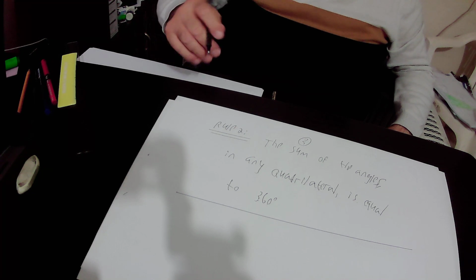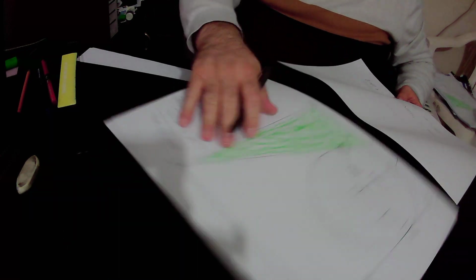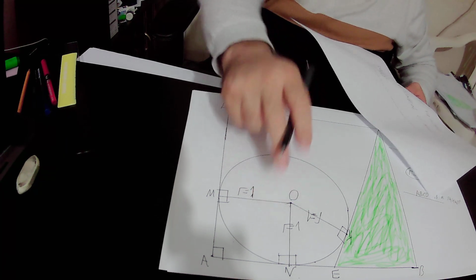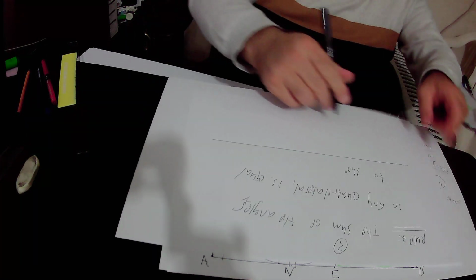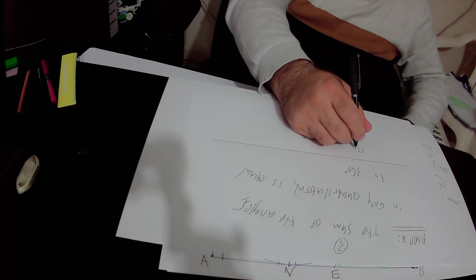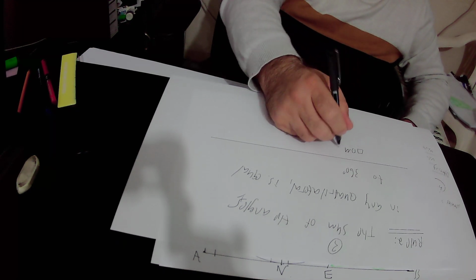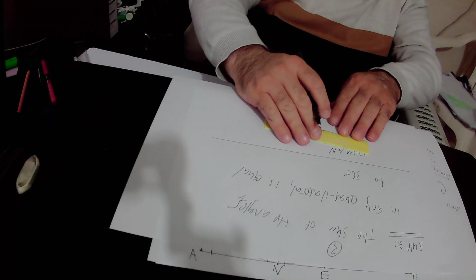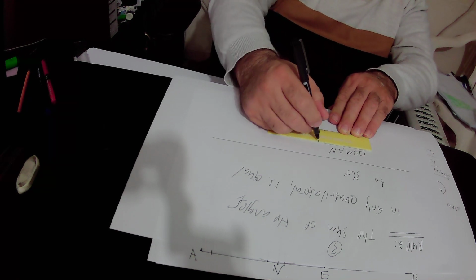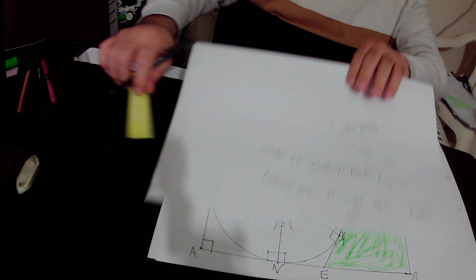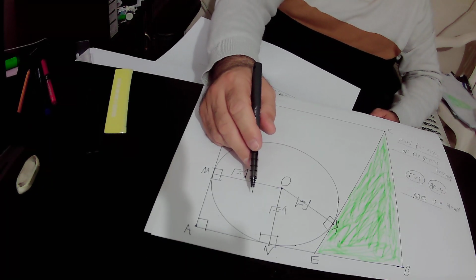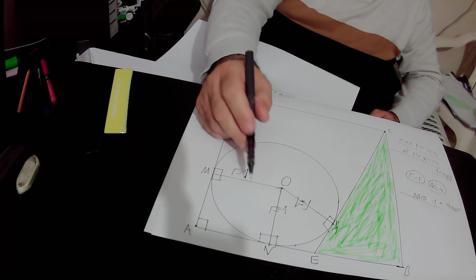And we will focus on quadrilateral OMAN, on this quadrilateral. The sum of the angles in quadrilateral OMAN is equal to 360 degrees according to rule number 2.